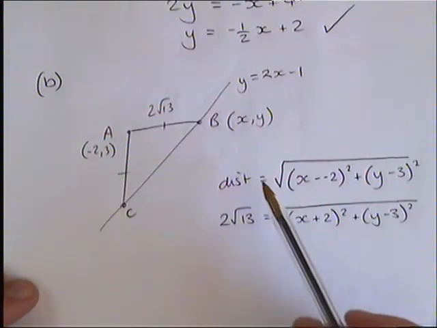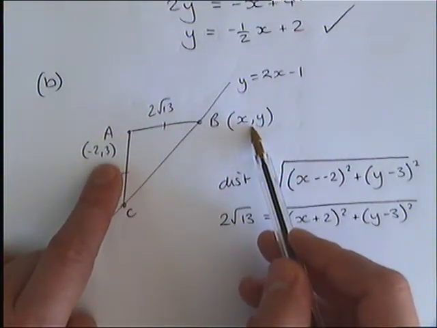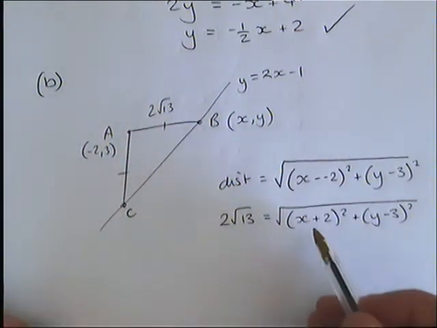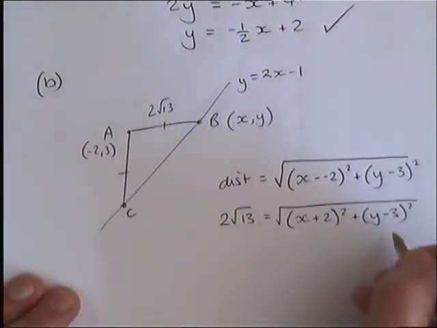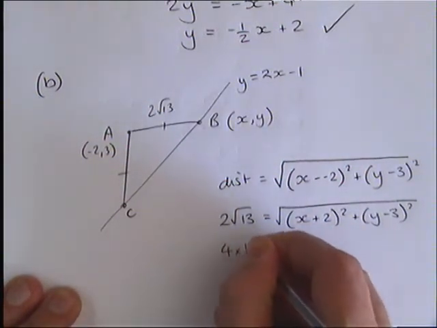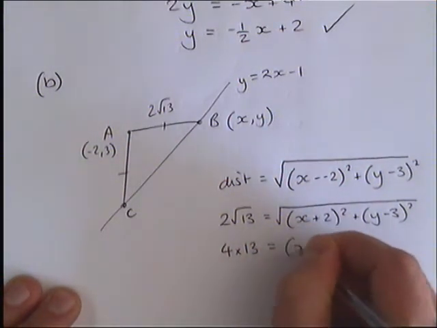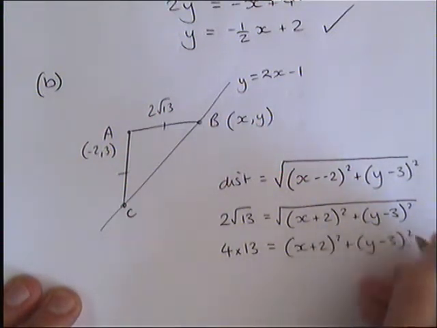So just to recap, the distance between these 2 points is equal to 2 root 13. Now I'm going to try and get this into a slightly simpler form. I'm going to square both sides, so 4 times 13 equals x plus 2 squared plus y minus 3 squared.